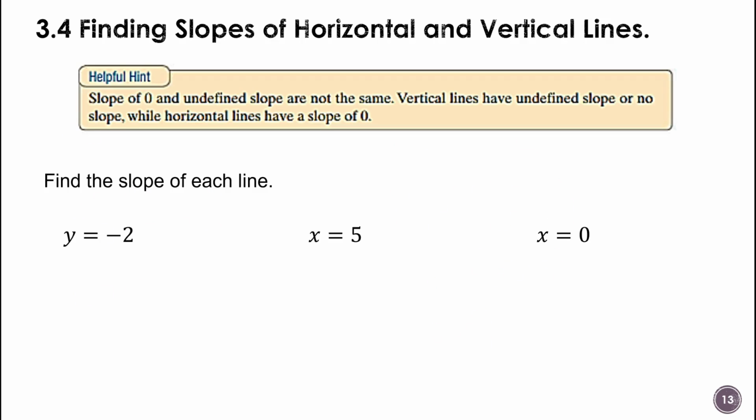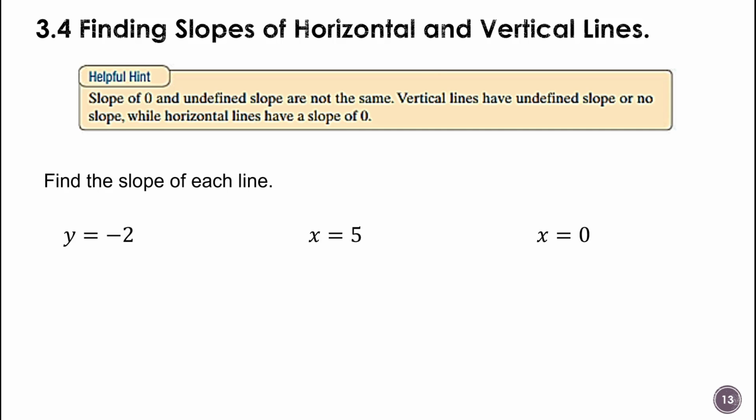Okay, so slopes of horizontal and vertical lines, we've talked about those already. When you look at this, you see the slope of 0 and undefined slope are not the same thing. Vertical lines have an undefined slope, and horizontal lines have a slope of 0.